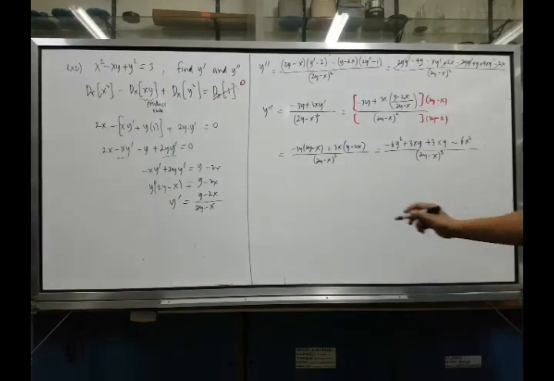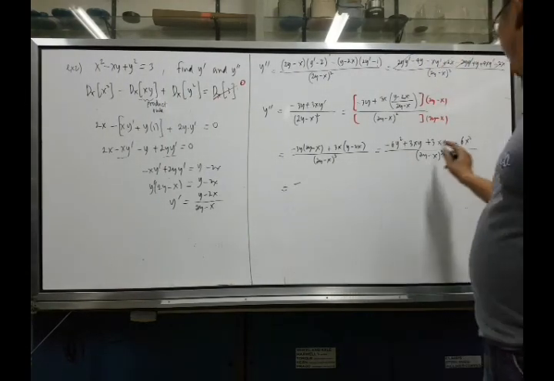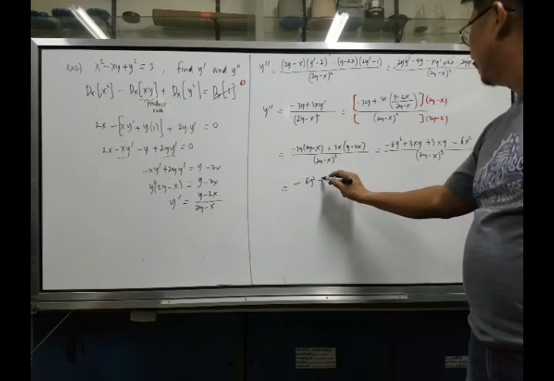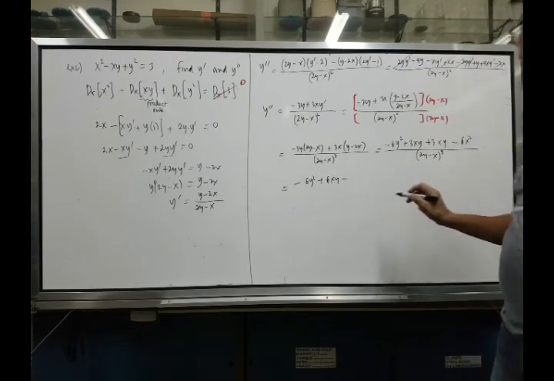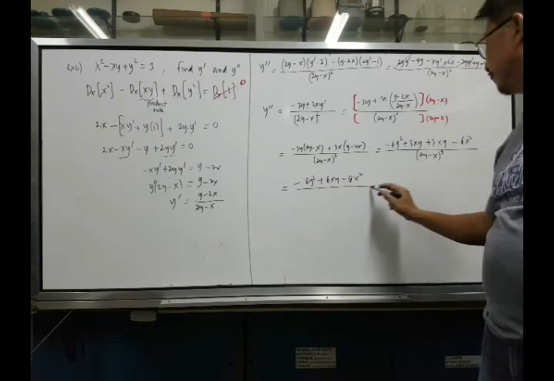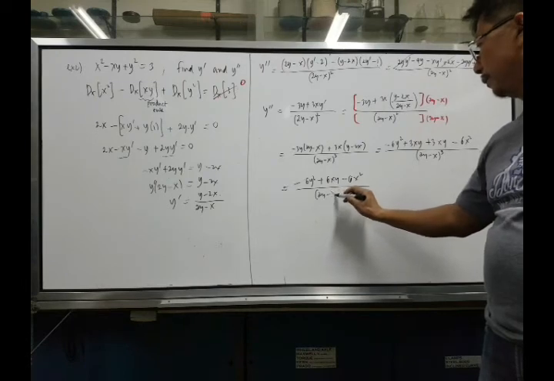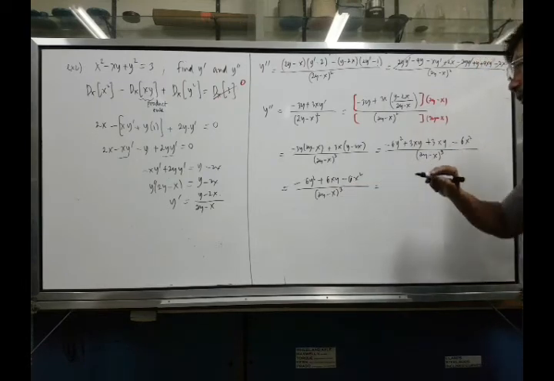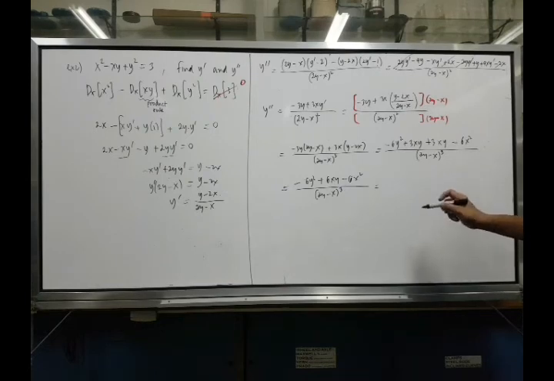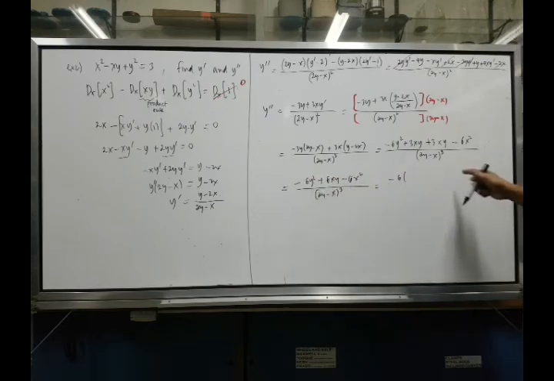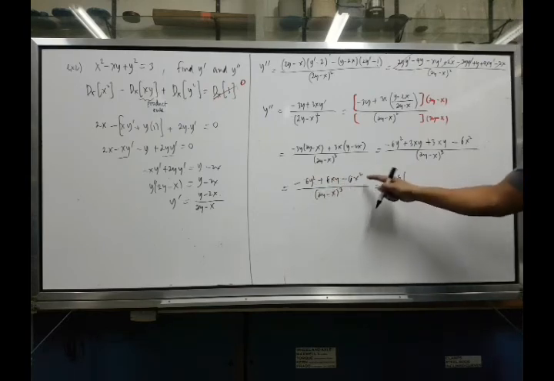And so therefore, this can be simplified as negative 6y squared plus 6xy minus 6x squared divided by (2y minus x) cubed. And so therefore this is equal to negative 6. We will factor out negative 6 in the numerator, and let's arrange all of these.